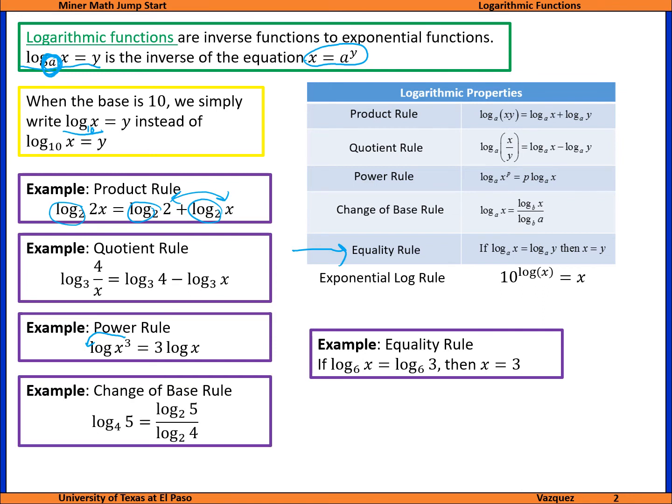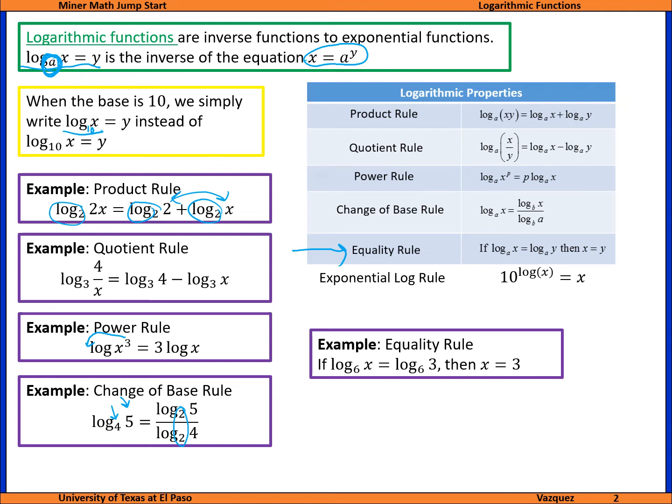Now we go to the change of base. Sorry, I went out of order there. Change of base, there's not much to say other than we have 4 here as a base, 5 as the argument. We can put them in a fraction as long as the bases match. That one isn't used too much when it comes to solving equations, but we might have to use it on a rare occasion.